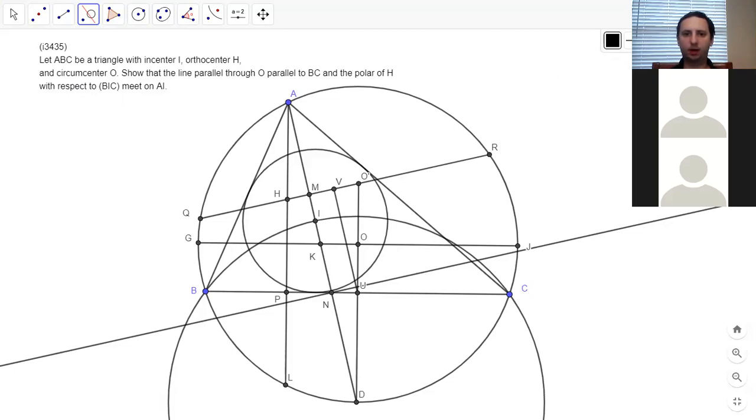I'm not sure if that helps with this problem, but that's true because triangle DBN is similar to triangle DAB. And so from there you have DB squared is DN times DA, and DB squared is DI squared. So yeah, that's true. So you have N inverts to point A.